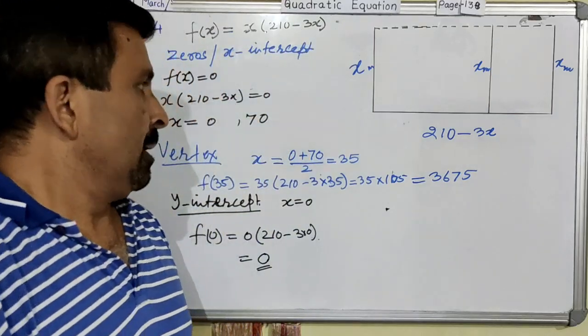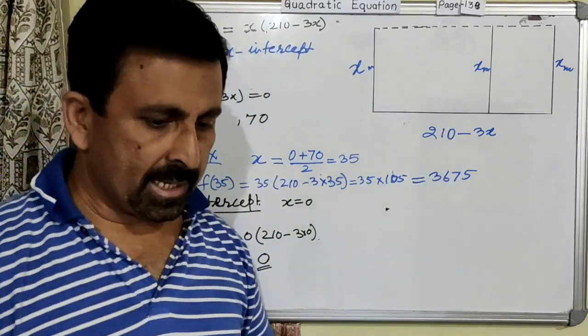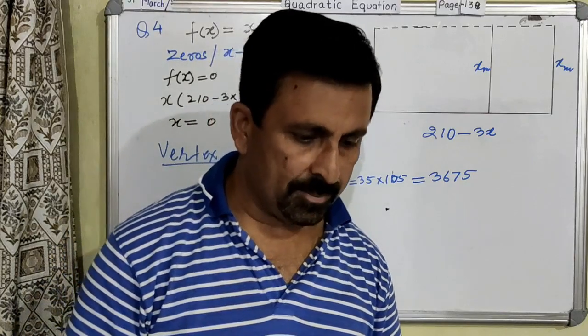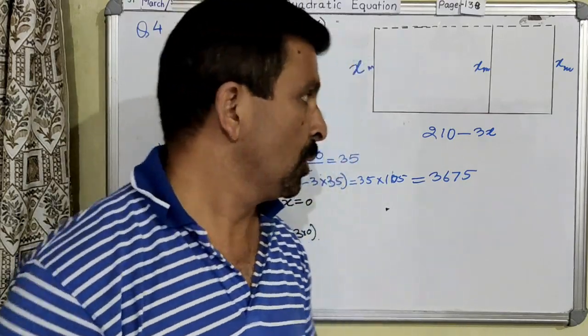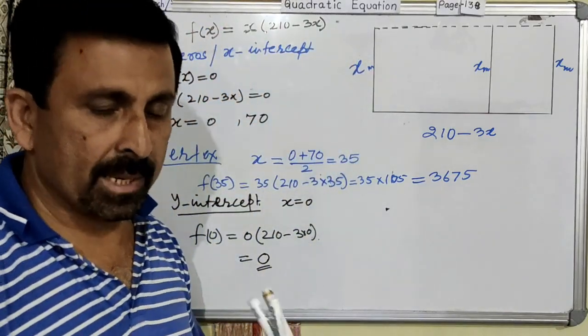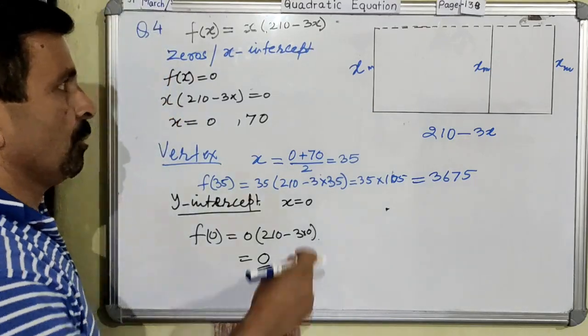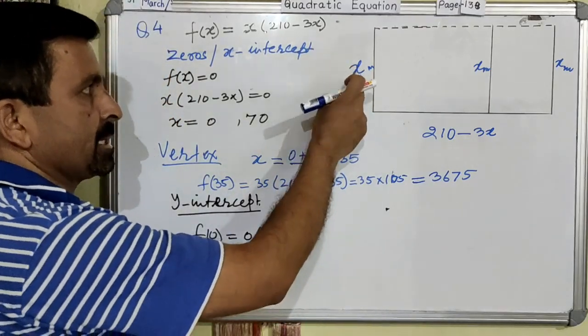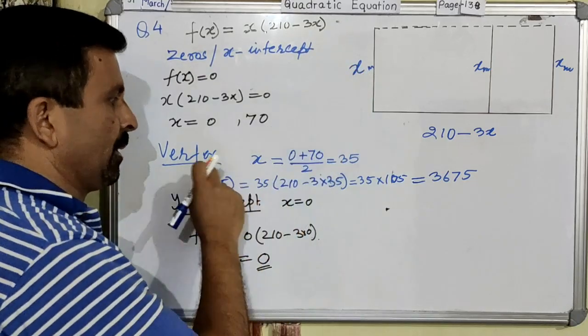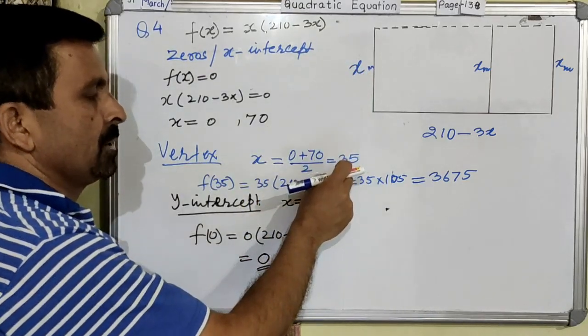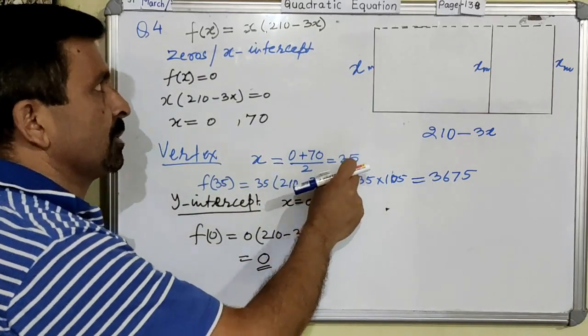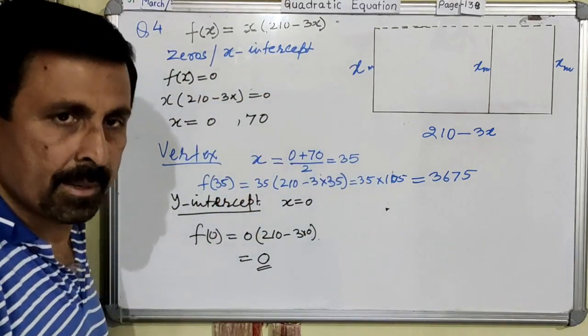Okay. So you plot it, and after that there is one question in this part: determine the width which will give you the maximum area. What is your width? X. And the best width you will always get from the vertex. So this is the width which will give you the maximum area.